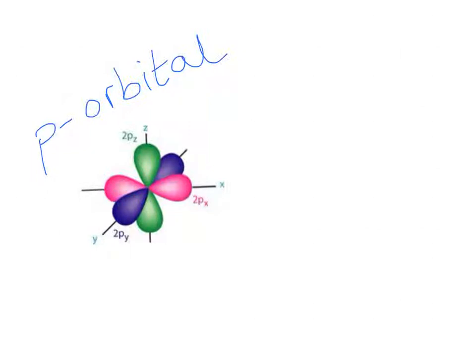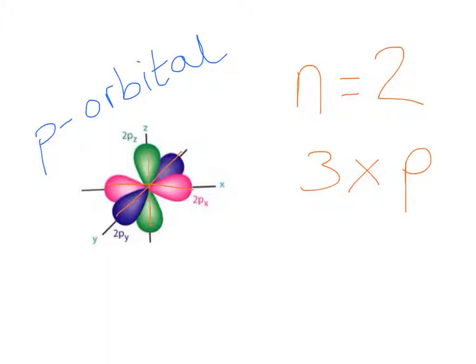In the same way that we said from n equals 1 upwards, each shell contains 1 s orbital, from n equals 2 upwards, each shell contains 3 p orbitals. We have px along here, py along here, and pz along here.